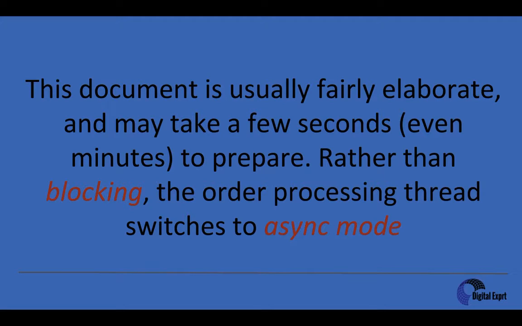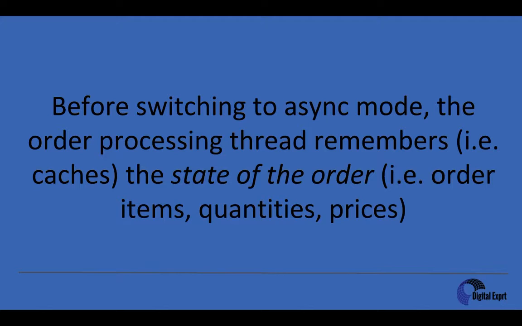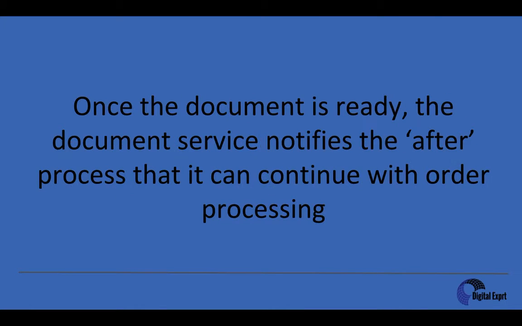And before switching to the async mode, the order processing thread will remember the state of the order, meaning there's a list of order items, the quantities, prices, etc. So everything is kind of remembered because it's now relinquishing control. And after a while, this latency kicks in, taking a few seconds or maybe a minute or so. Eventually, the document is ready, is complete.